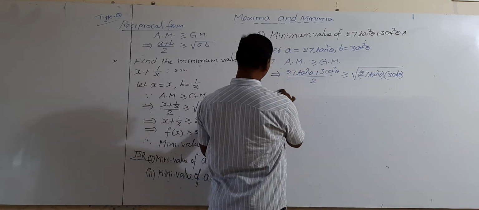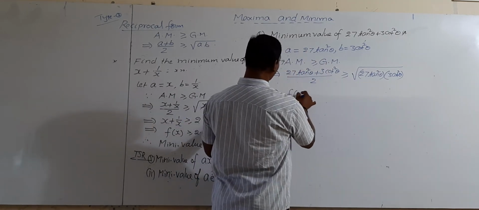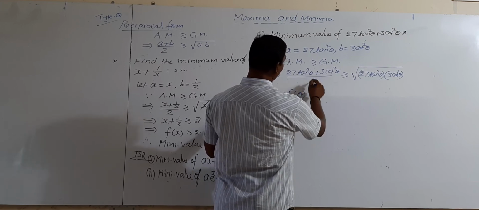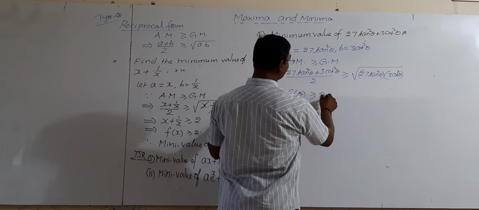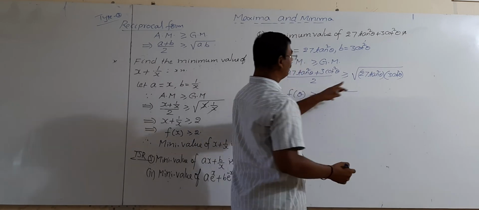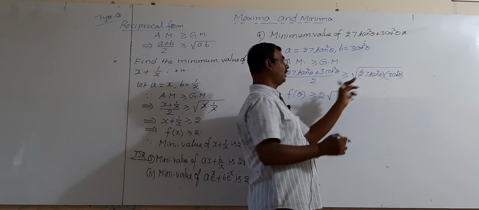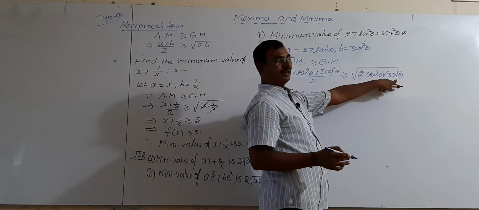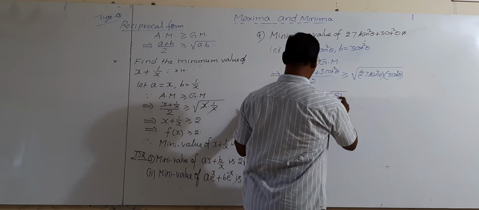Given function f, let us take f(theta), is greater than or equal to, cross multiplying, 2 into square root of 27 into 3, which is 81. Tan theta into cot theta is 1. So 2 root 81.